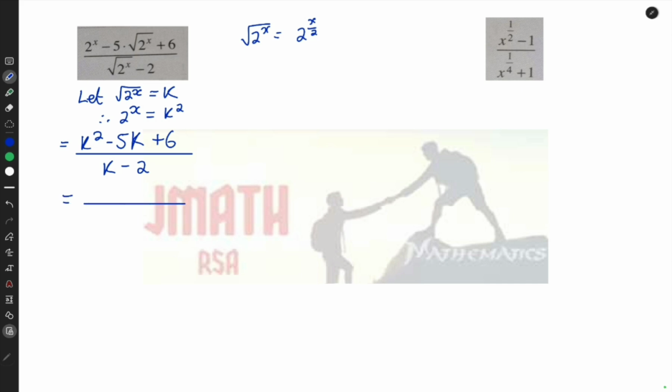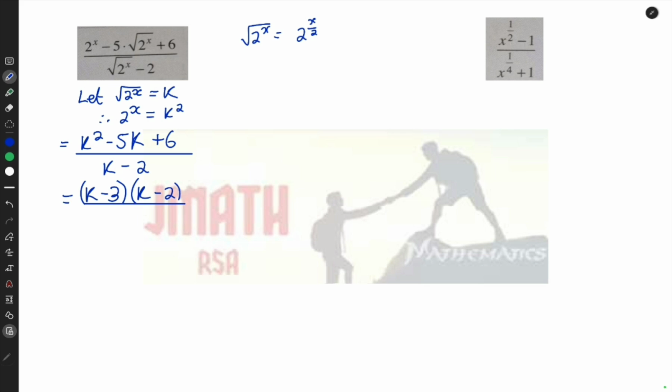Okay, in this case, my trinomial ends on a 6, so I know I'm either going to use 1 times 6 or 2 times 3, but the plus in front of the 6 tells me I'm going to have to add the factors. So 1 plus 6 is going to give me 7, so I'm not going to use that. I'm going to then use k minus 3, k minus 2. If you're struggling with trinomials, then please just go check on the channel.